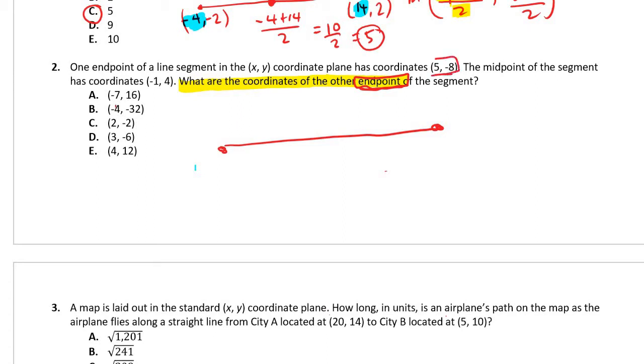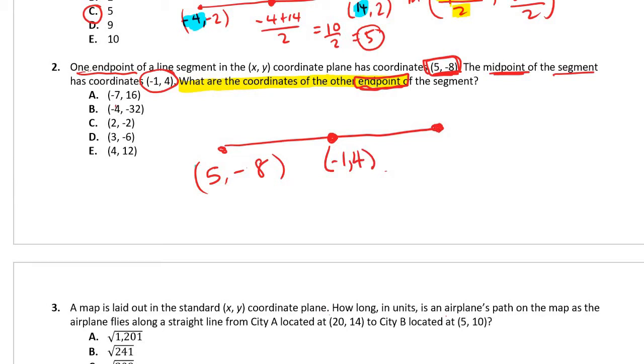Okay, so one endpoint has this coordinate, so I'm going to write it there, 5, -8. And then watch it. You're going to be told the midpoint of the segment, and it gives you the coordinate of the midpoint. So be careful with that.